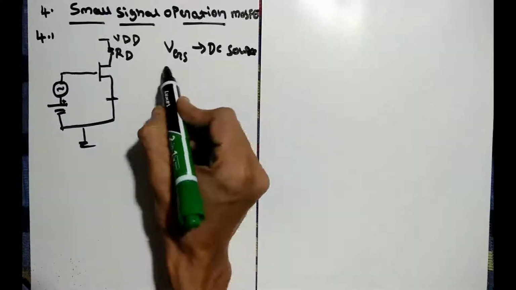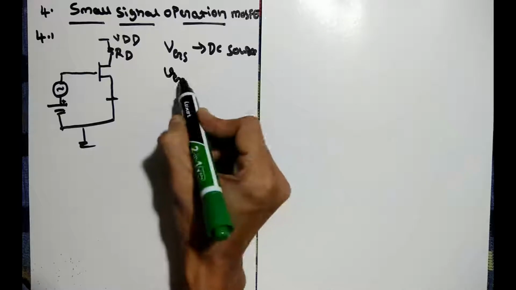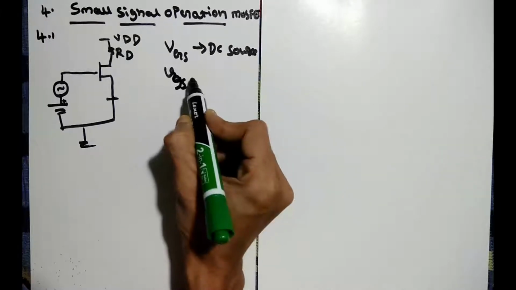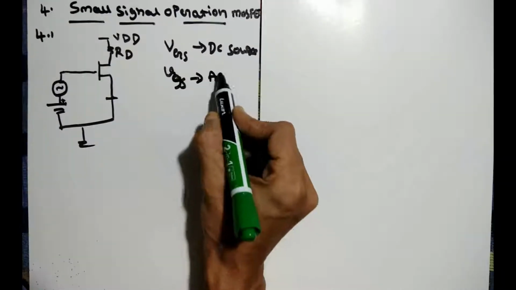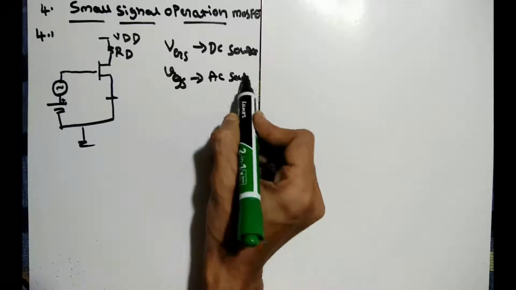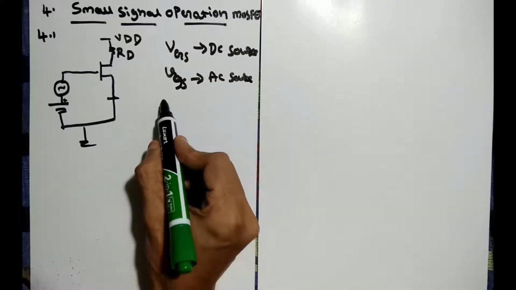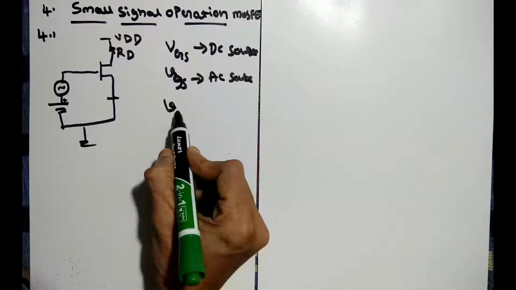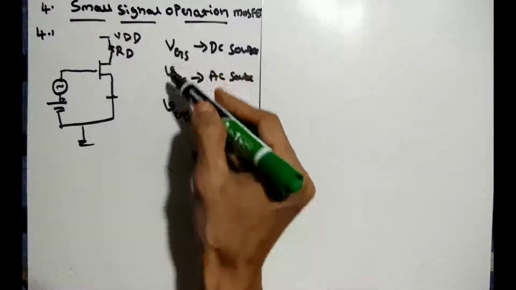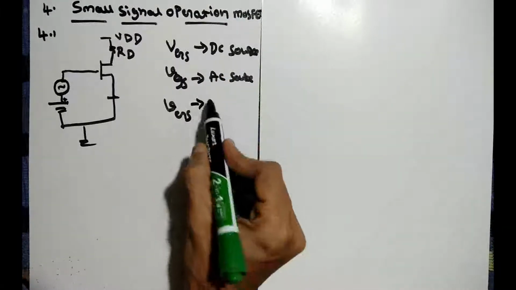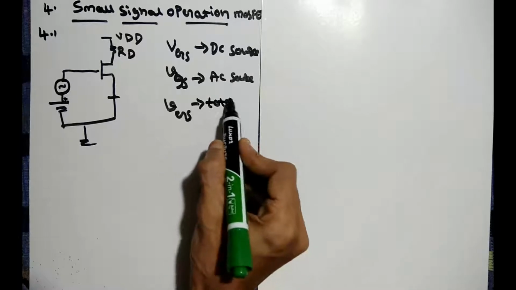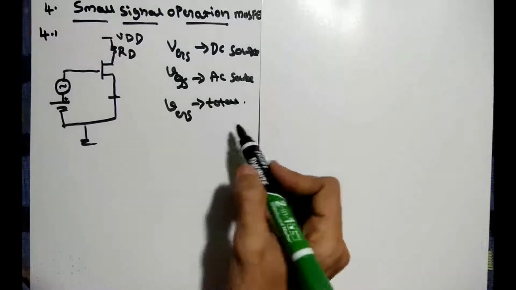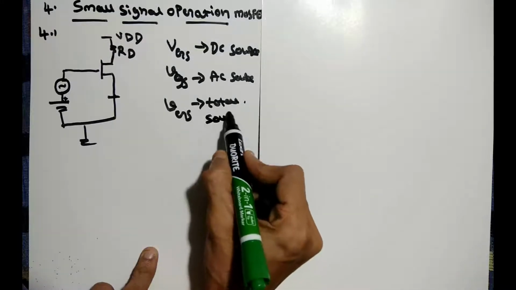If V is small and GS is also small, this is known as an AC source. If V is small and GS is capital, this is the combination of these two, known as the total signal. So it is called a total source.